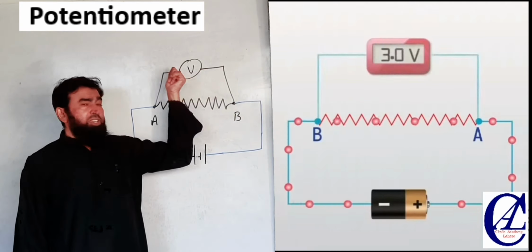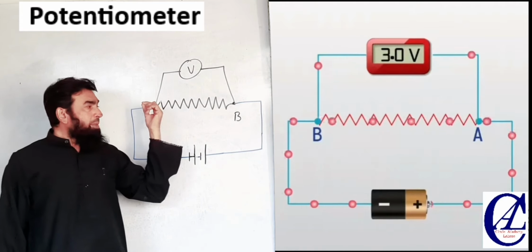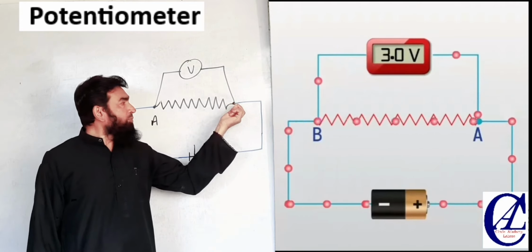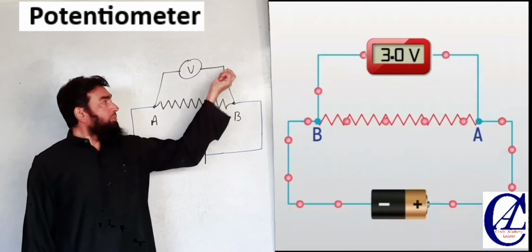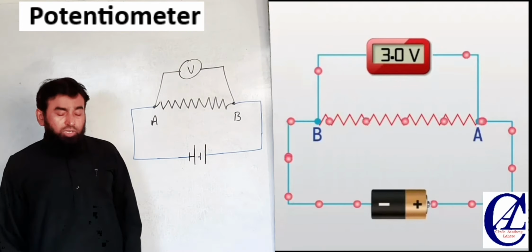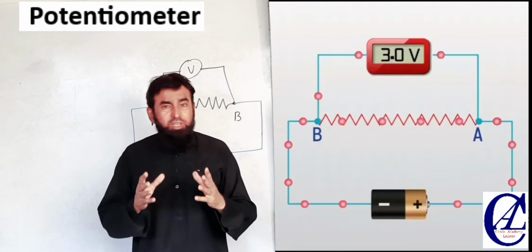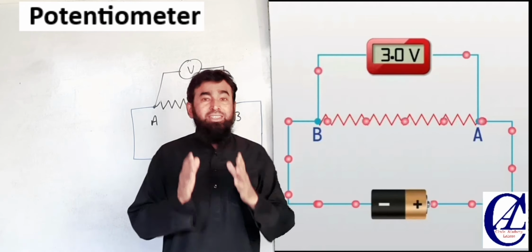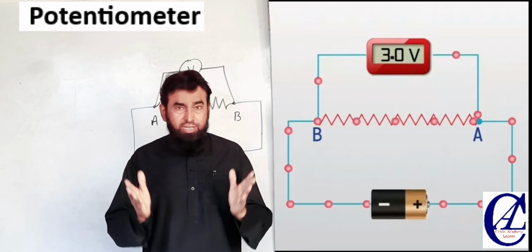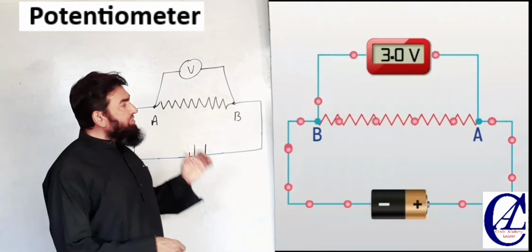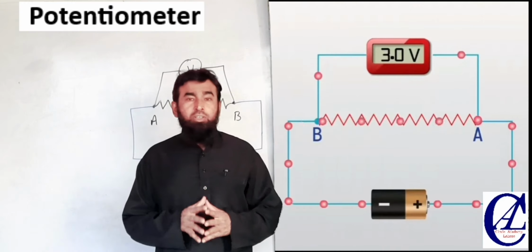All the current is not stopped by this resistance, a small quantity of current also flows through the voltmeter. So the voltmeter will not be able to find the exact value of the potential difference across points A and B.